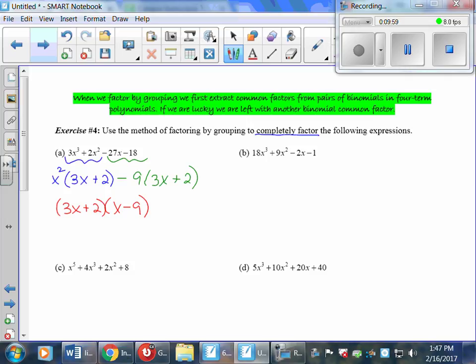No, it is x squared minus 9. So we can factor this again. All right, so we have x squared minus 9. So one more time, we can do 3x plus 2, and you can factor this again into x plus 3 and x minus 3. Because it says completely factor, so you better make sure that you have nothing else that you can factor when you're done with these.